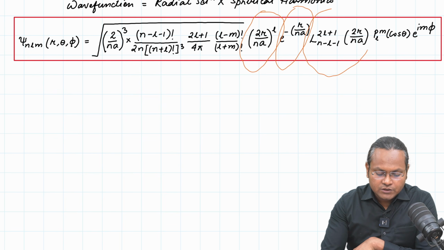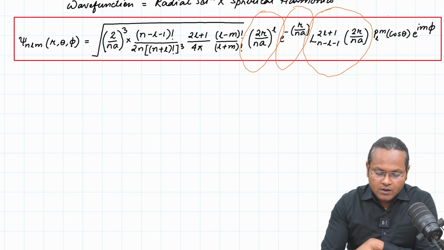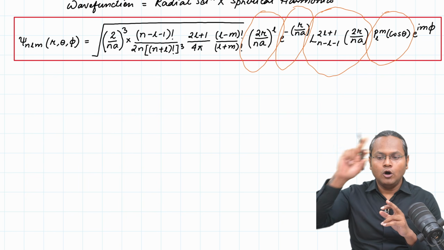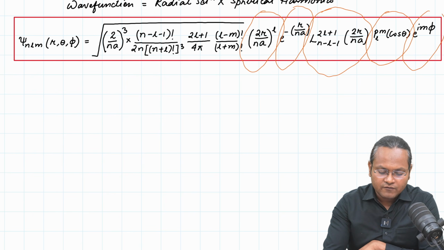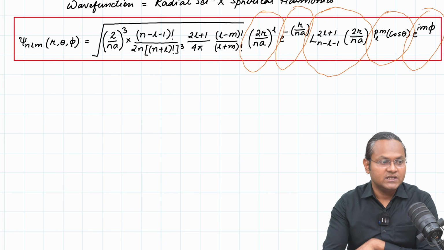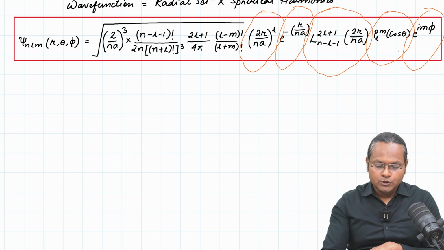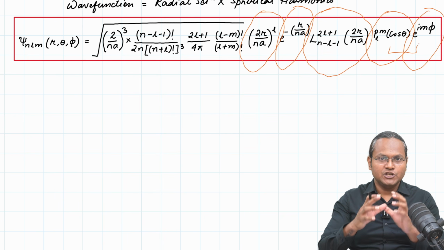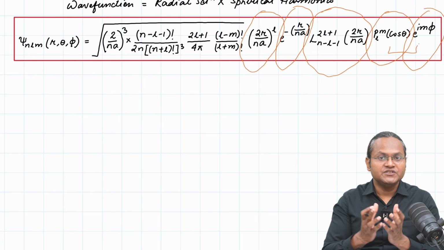The associated Laguerre polynomials give us oscillations along the radial direction. The Legendre polynomials give us oscillations as we go from north to south along the angular distance. And the azimuthal solutions give us oscillations as we go along the equator. Together, the spherical harmonics give us standing wave patterns on the surface of a unit sphere.